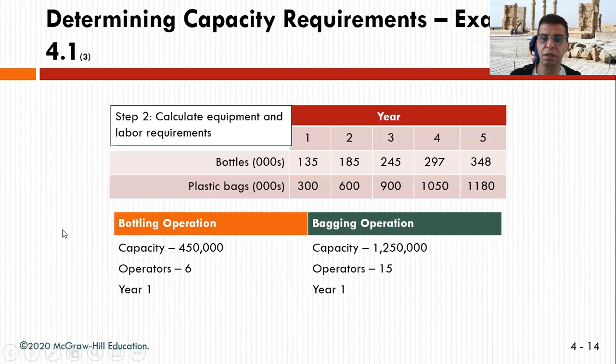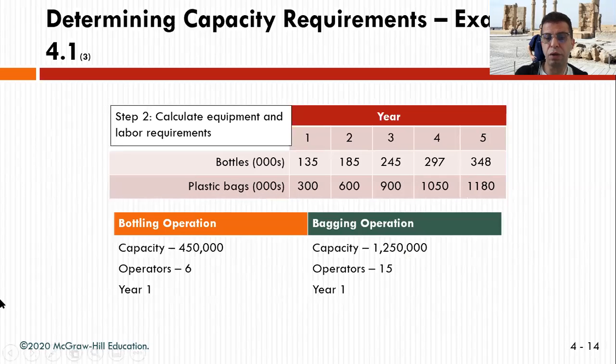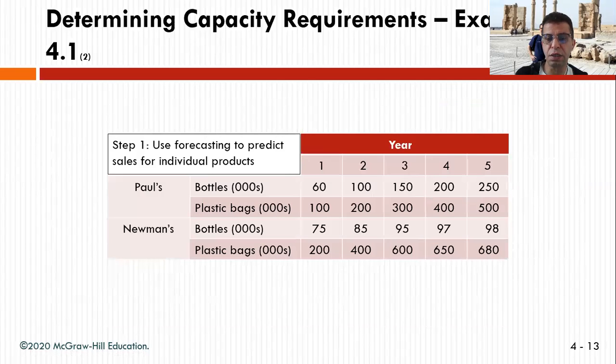So the second step, we need to do the calculation of equipment and labor. The total bottles the machines need to produce is 135,000, because you have 60 plus 75, which is 135.